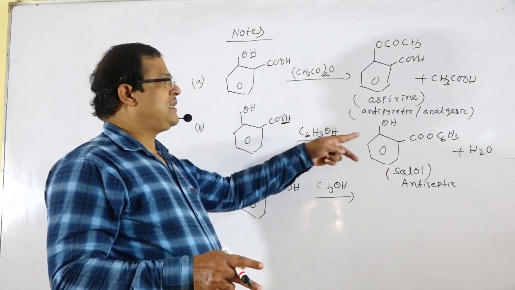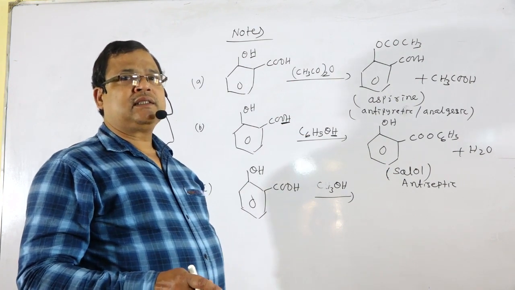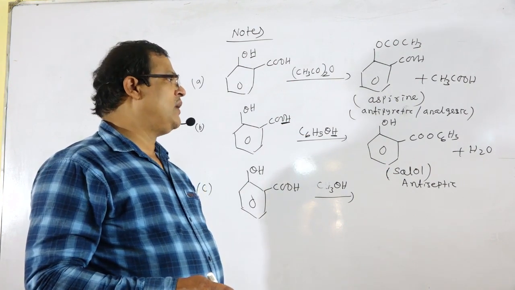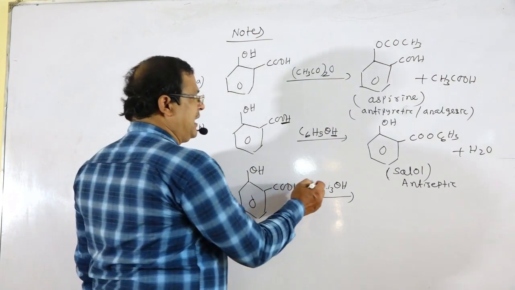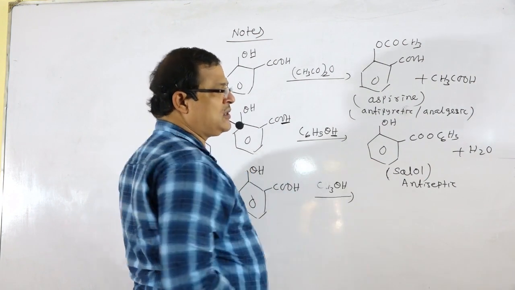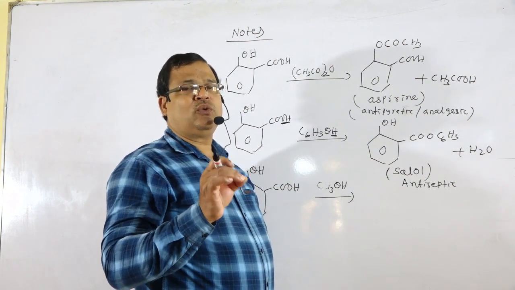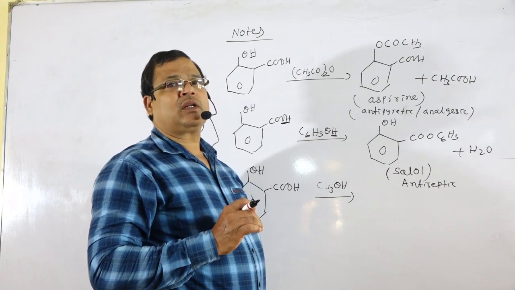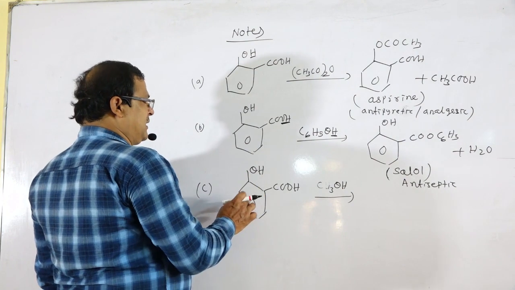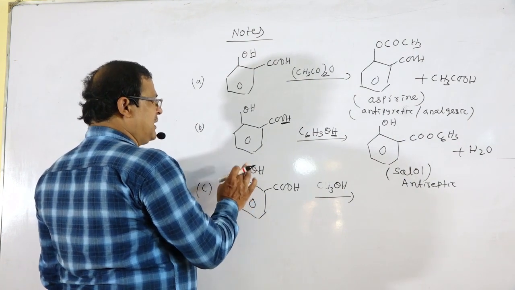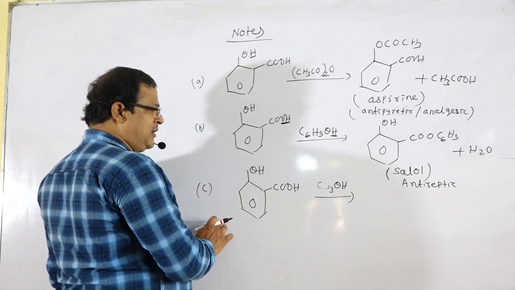H is replaced by the C6H5 group, which is known as phenyl salicylate, otherwise known as salol, an antiseptic that can be used in cuts, wounds, ulcers to destroy the growth of microorganisms.